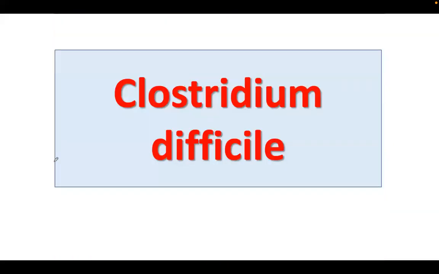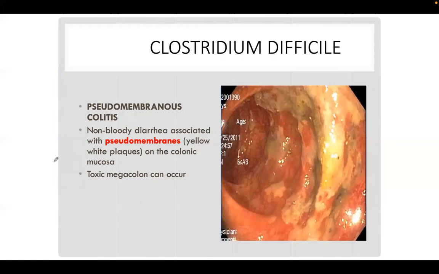Now, what about Clostridium difficile? What is the classic picture of Clostridium difficile? This is associated with pseudomembranous colitis. One of the complications of pseudomembranous colitis is toxic megacolon. Clostridium difficile is usually associated with antibiotics.